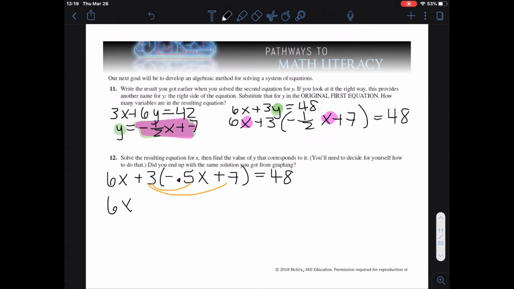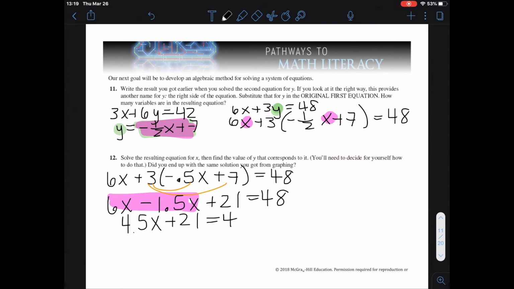So we get 6x, 3 times negative 1/2 is negative 1.5x, 3 times 7 is 21. And this needs to equal 48. So if we combine the like terms, we have x and another x. So we've got 6 minus 1.5. In total, we have 4.5x plus 21 equals 48.